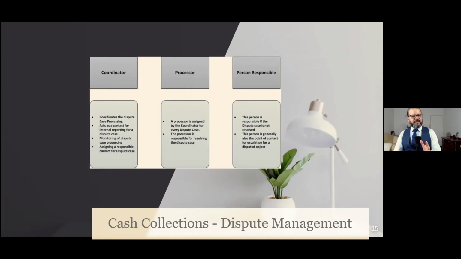And the question mainly was around the responsibility itself. So the person responsible is the one who is responsible to eventually make sure that all the disputes which are open for a specific case, for a specific customer, for a specific group of customers, those are addressed and resolved timely. So that was one part of it.